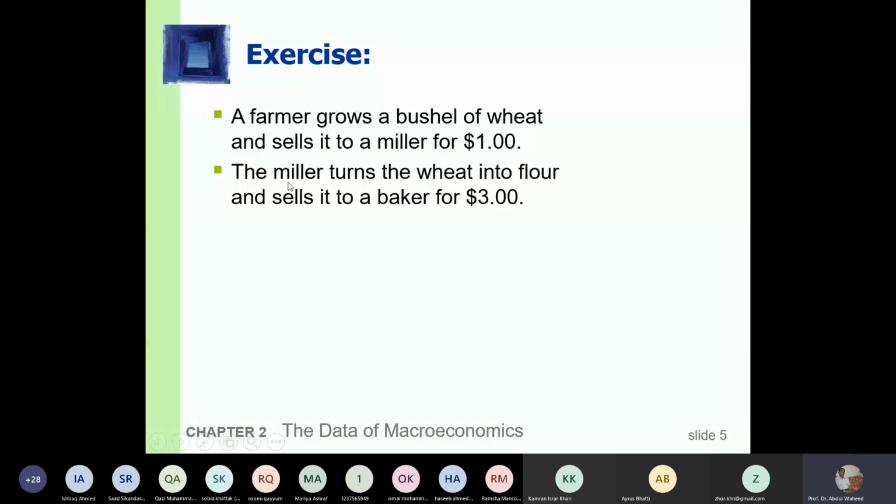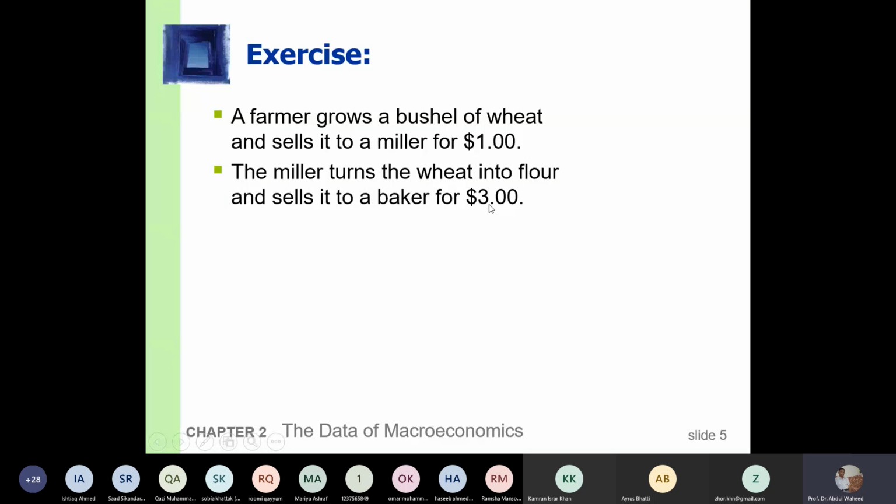Now this miller is converting this wheat into flour and selling it to a baker for $3. For this, the cost of the miller is $1, because the miller purchased this wheat for $1 and is now selling it to the baker for $3.